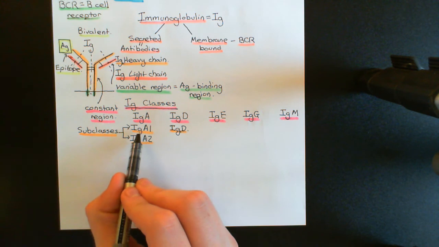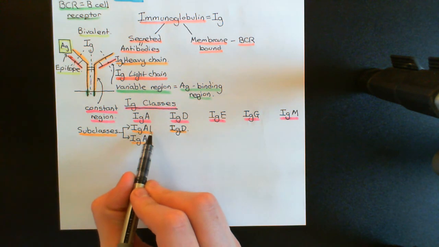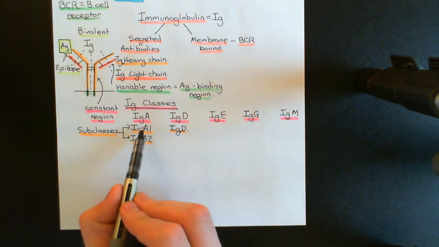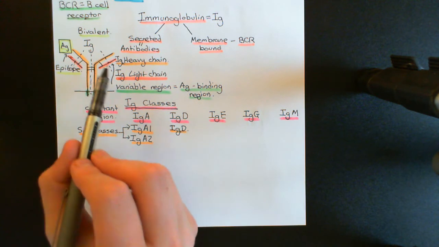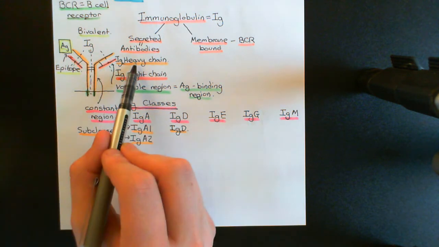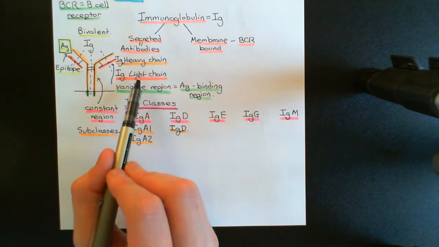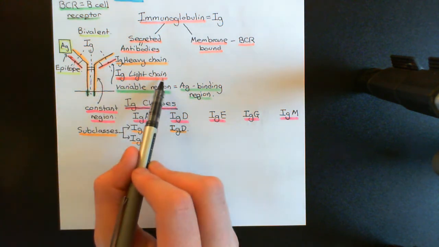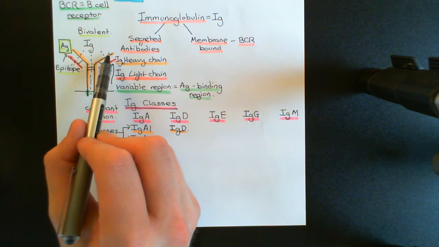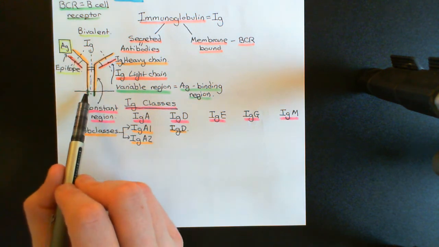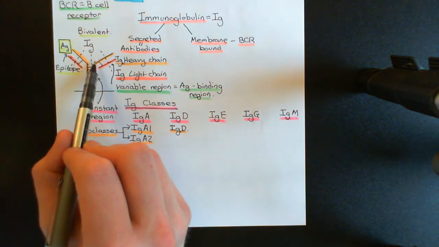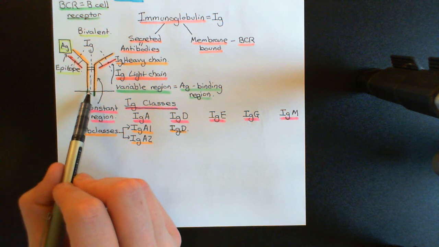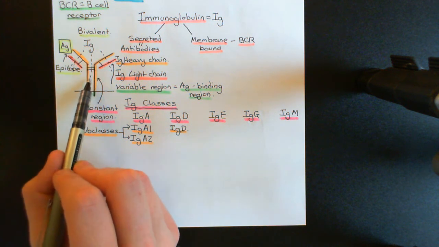So if you're making an IgA1 molecule, what you do is, let's say we've got our developing B cell and it's designed its immunoglobulin heavy chain variable region, and it's designed its immunoglobulin light chain variable region. What you will do is you'll produce 2 immunoglobulin light chains, okay, and then when you're producing 2 immunoglobulin heavy chains, you'll have to decide, there is a choice of which constant region you're actually going to use.